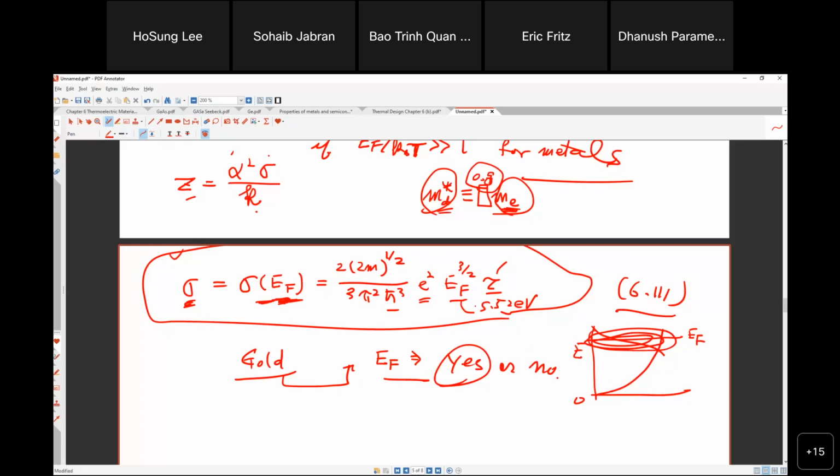So the analysis is so important. It gives us some information. Now we'd like to look at the Seebeck coefficient.